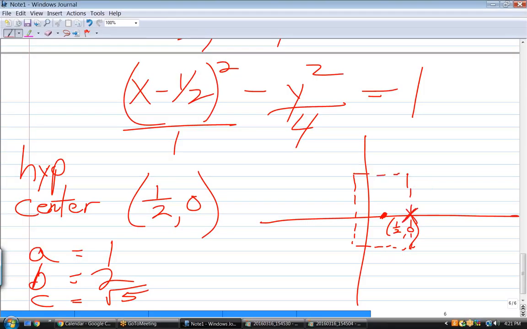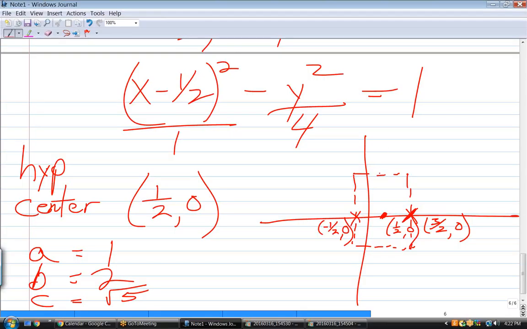What's that vertex right there? It's 3 halves, 0. Okay, and then this one over here. That one's negative 1/2, 0.